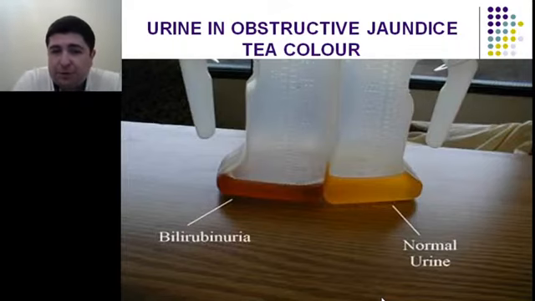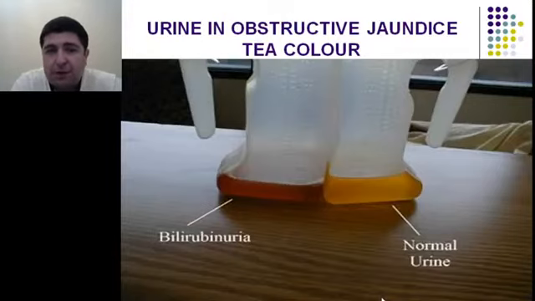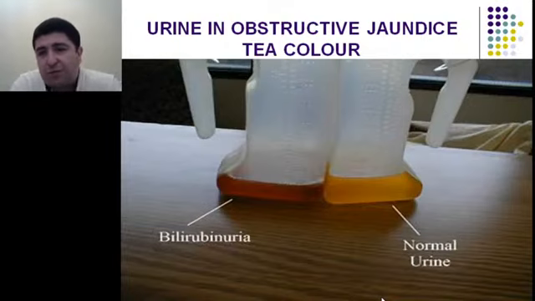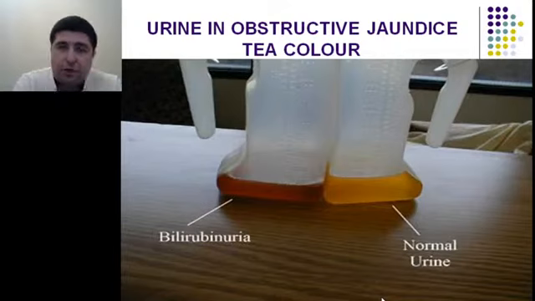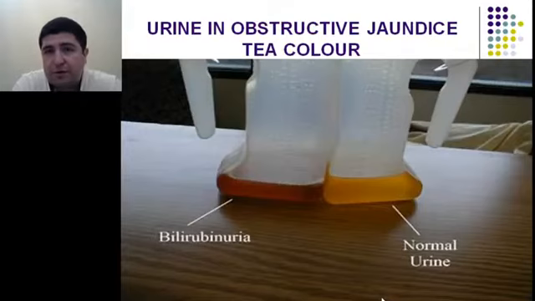On this picture you can see normal urine and urine with the presence of bilirubin. The presence of bilirubin in urine is called bilirubinuria, and usually it will be dark in color. So when you have a patient with mechanical jaundice, you should every time check the urine and its color.